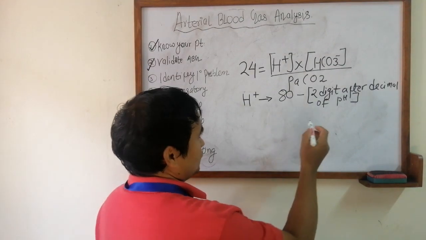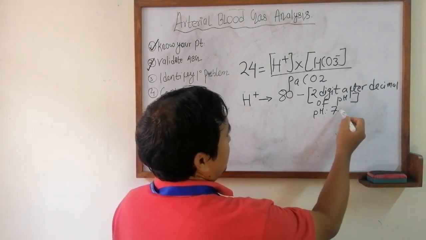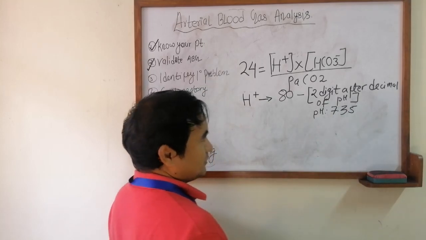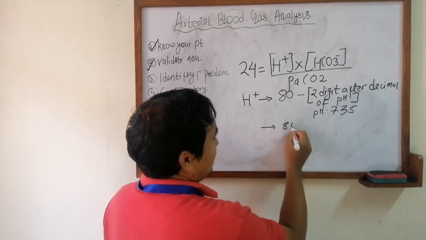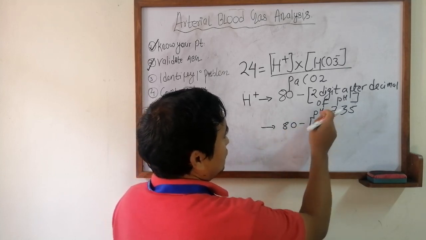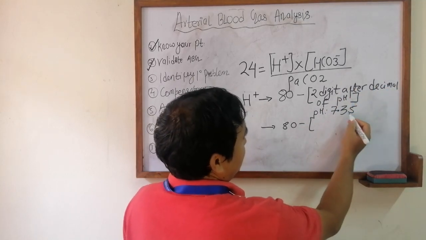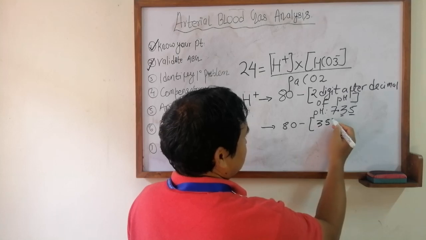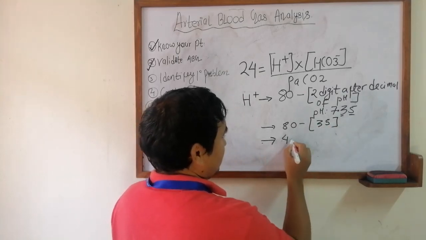Let's suppose the pH of your patient is 7.35. Then the hydrogen ion concentration is 80 minus the two digits after the decimal of pH, which are 3 and 5, so 35. 80 minus 35 is about 45.